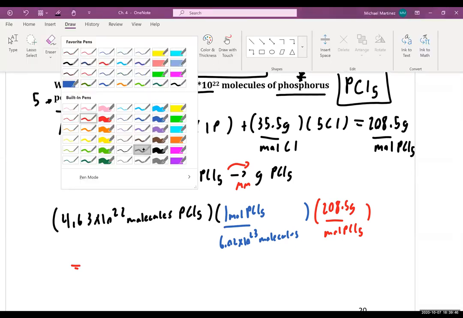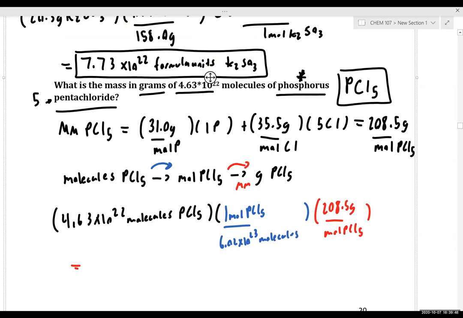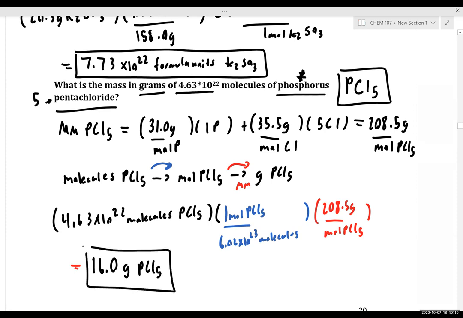Now, punching this into our calculator, we get 4.63 EE22 over 6.02 EE23 times 208.5, and that gives us 16.0 grams of phosphorus pentachloride.